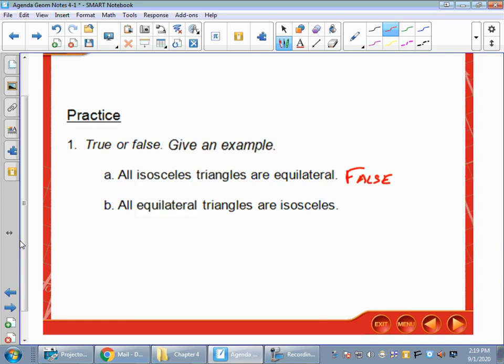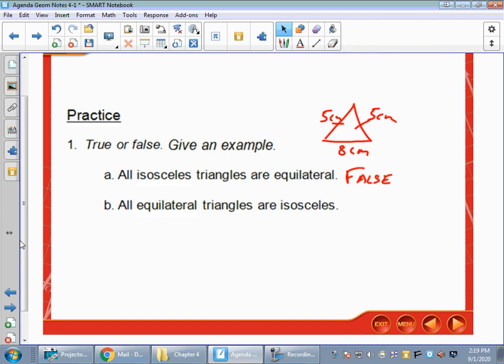So you could have an isosceles triangle that's not equilateral, as a simple example. Say these two are equal: 5 centimeters, 5 centimeters, 8 centimeters. That would show it's an isosceles triangle that's not equilateral.